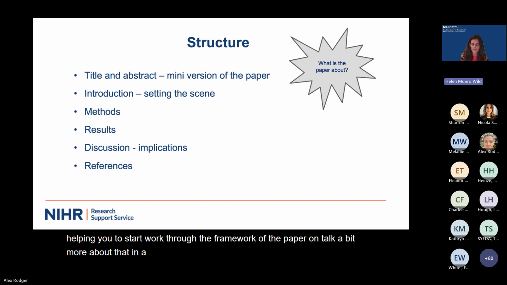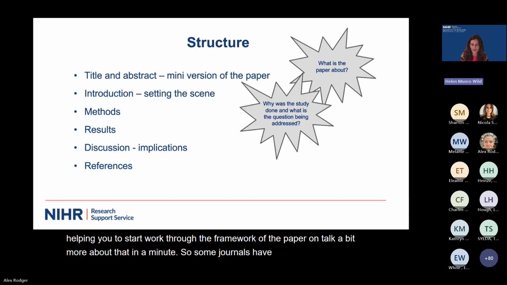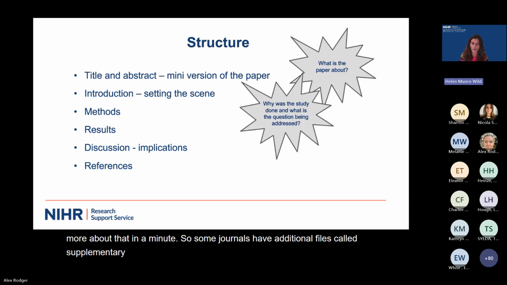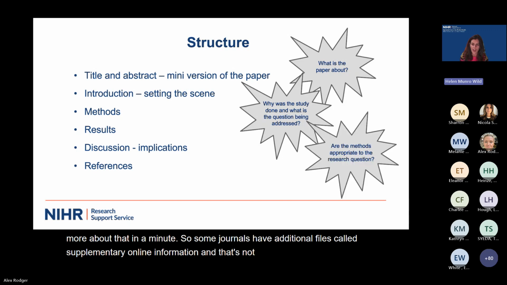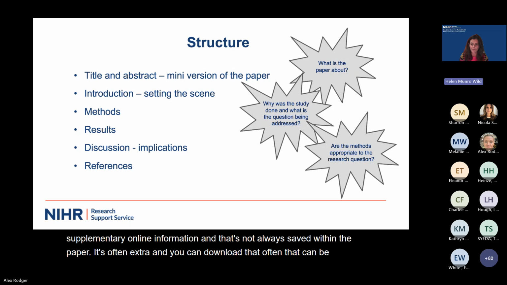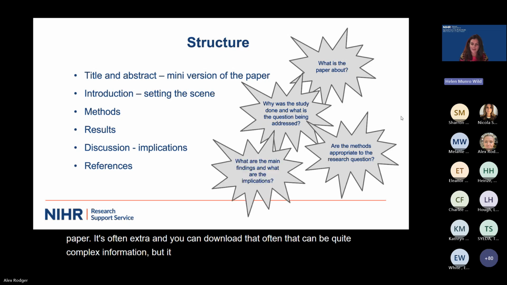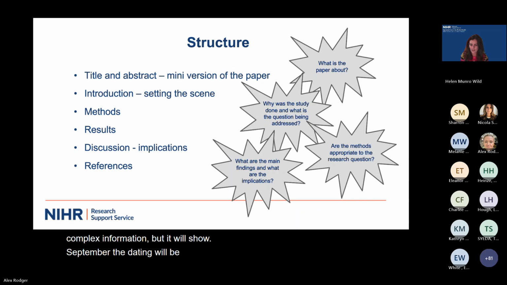Some journals have additional files called supplementary online information, and that's not always saved within the paper. It's often extra and you can download that. Often that can be quite complex information, but it will show tables and the data in more detail, which may be useful. It's important to look at the name of the journal. So is it a reputable journal?